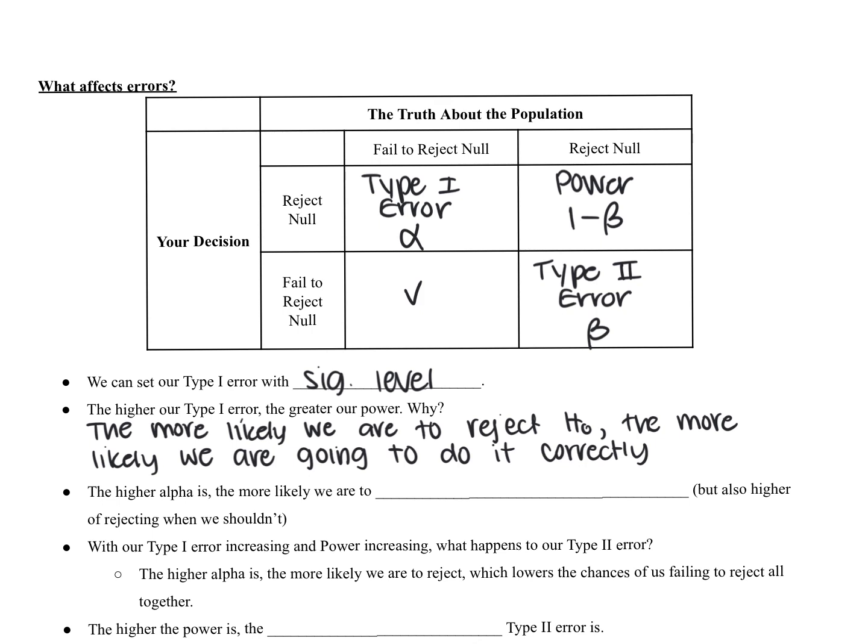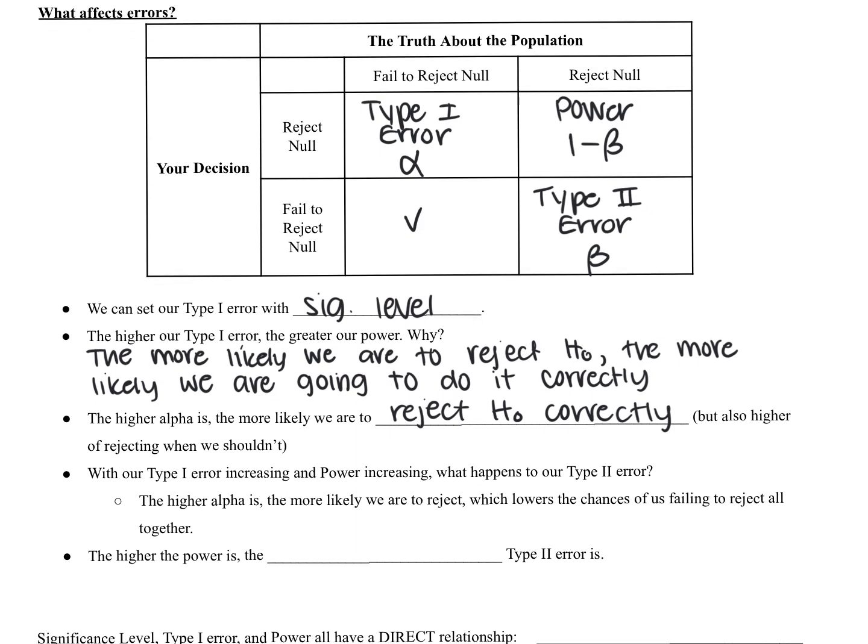So the higher the alpha, the more likely we are to reject the null hypothesis correctly. But it also means we have a higher chance of rejecting when we shouldn't.